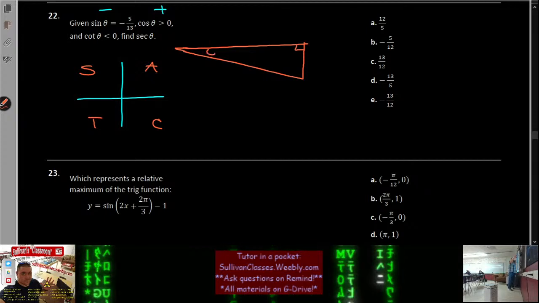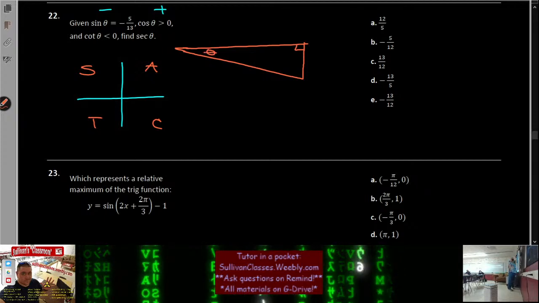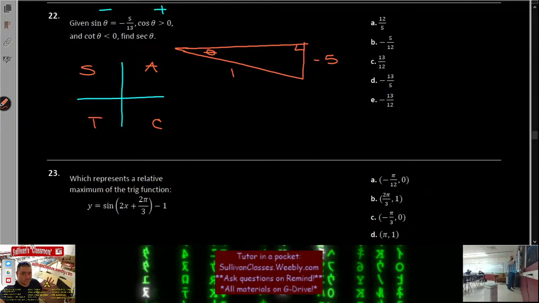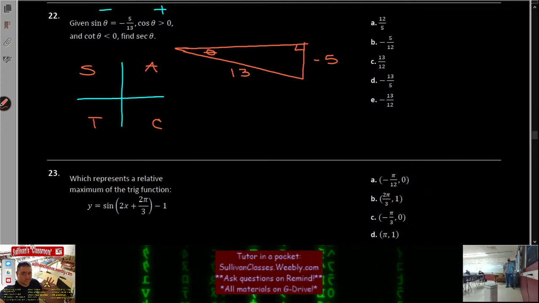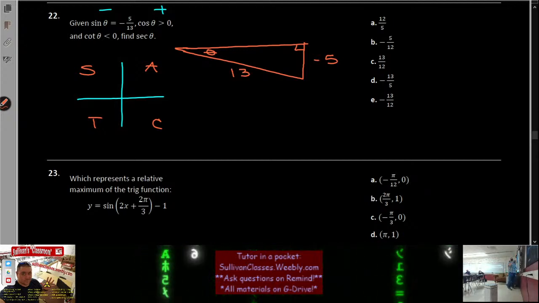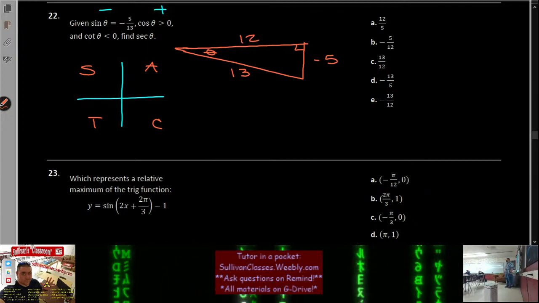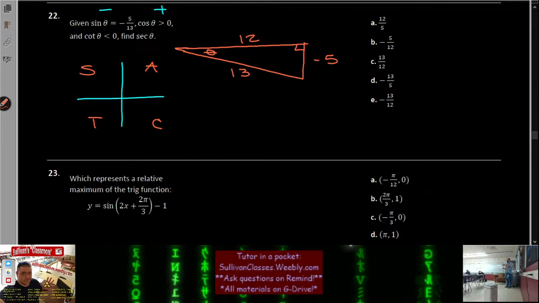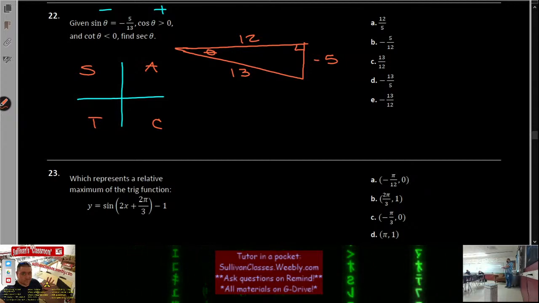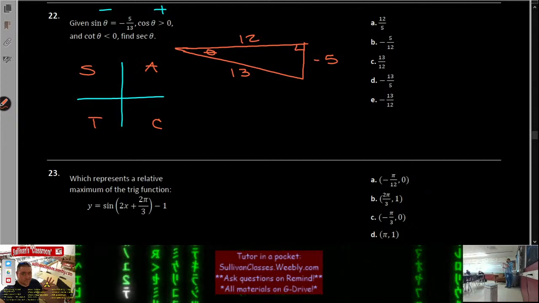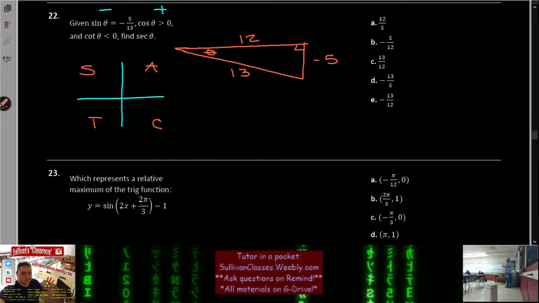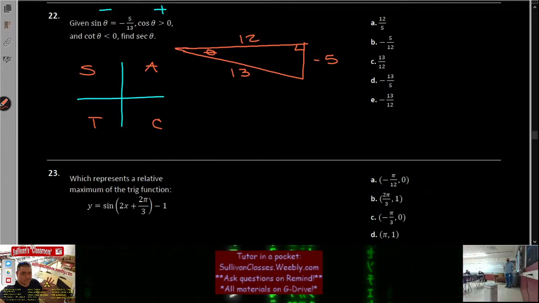So theta is going to have a sine value of negative 5/13. Use Pythagorean to finish off the triangle, or recognize your ratio. Remember, 3, 4, 5, 5, 12, 13, and 8, 15, 17 are the 3 most common Pythagorean triples.